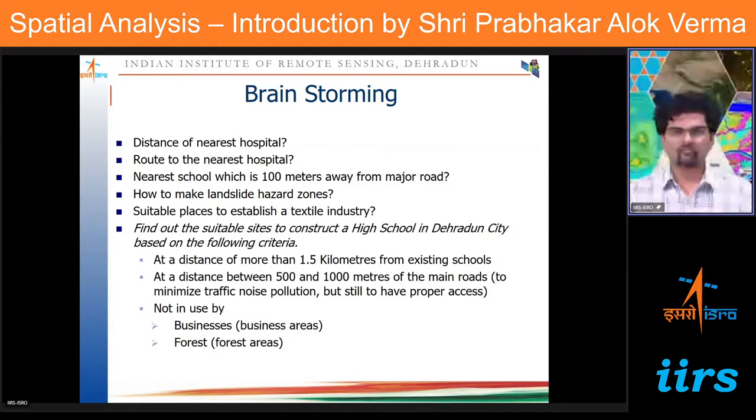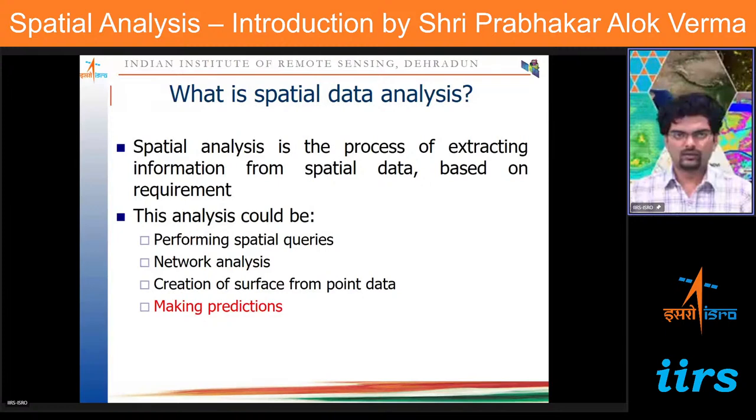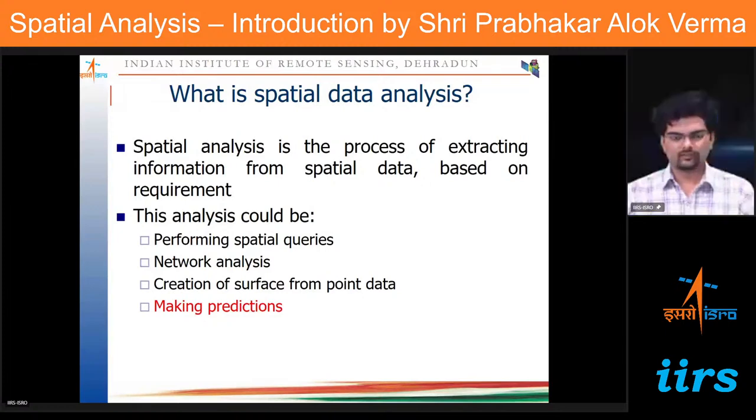In Google Map, you simply type nearest hospitals, and it gives the list as well as the spatial distribution of hospitals near your location, and you choose the suitable one based on the ranking and rating. In the background, there is a concept of GIS and spatial data analysis.